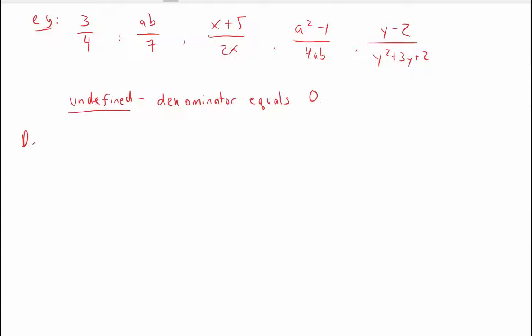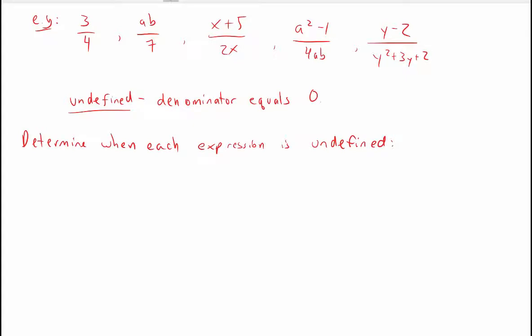So we will have a number of examples that are going to ask us to determine when a given expression is undefined. And it's as simple as identifying when the denominator equals 0.